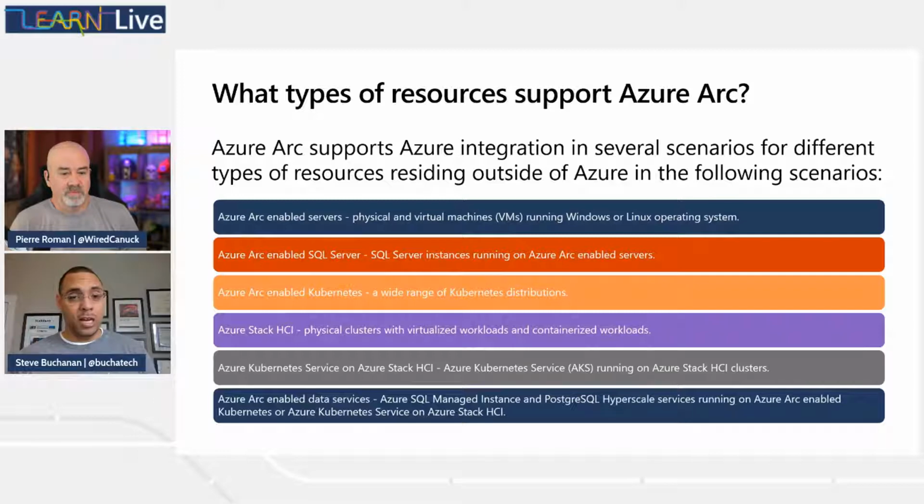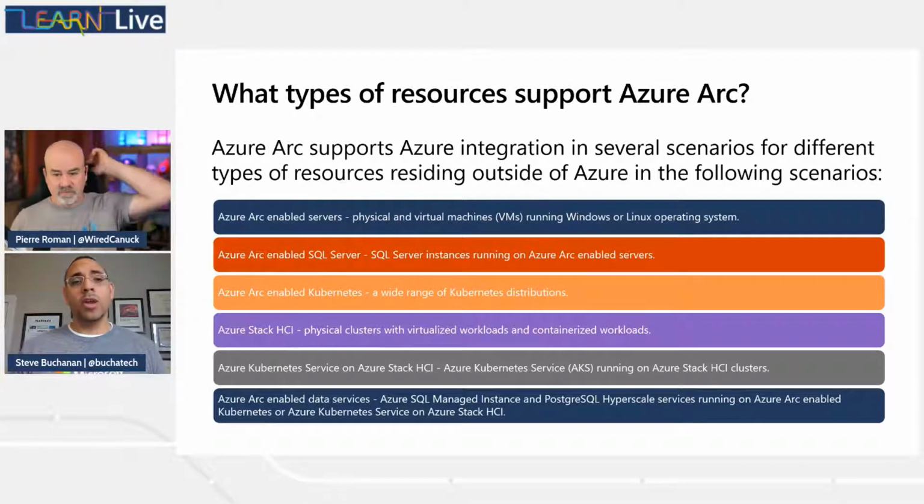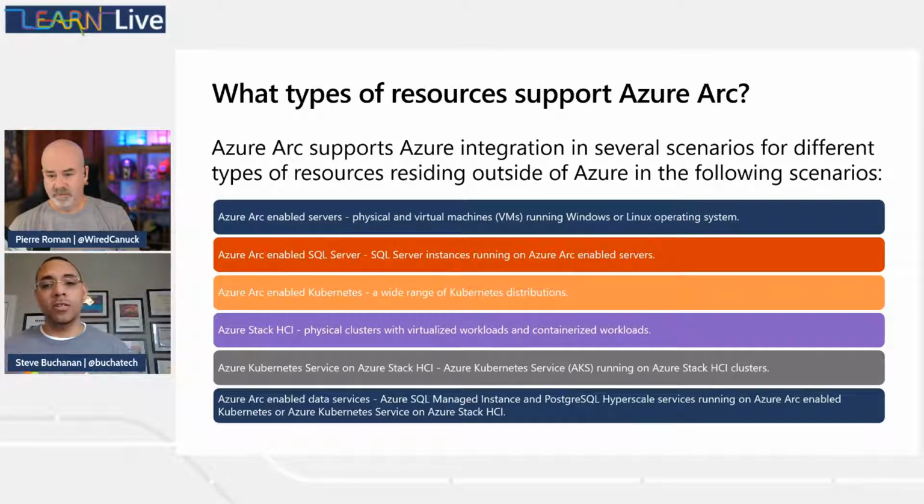Things like SQL Server, even IoT Edge, and there's some data services capability, and there's more capabilities being added to Azure Arc all the time. So it's important to understand that you can do this. Maybe you're going to start with Kubernetes. Maybe you're starting with servers, and then you're going to extend Azure Arc to Kubernetes, right? So there's a lot of capabilities here. Let's move to the next slide.